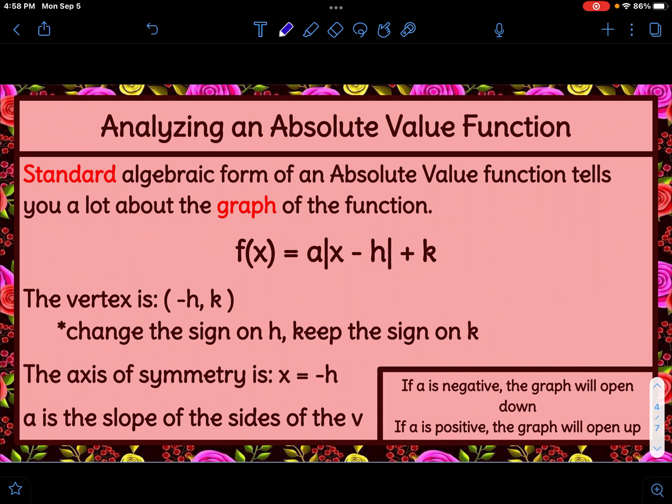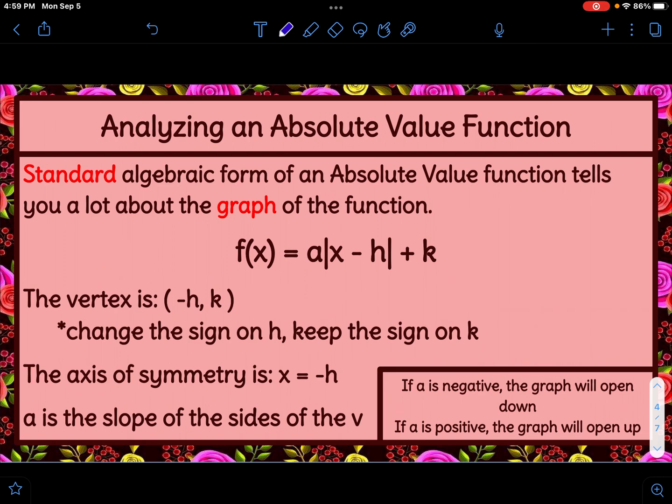Analyzing an absolute value function. The standard algebraic form of an absolute value function tells you a lot about the graph. f of x equals a times the absolute value of x minus h, plus k. The vertex is negative h comma k.